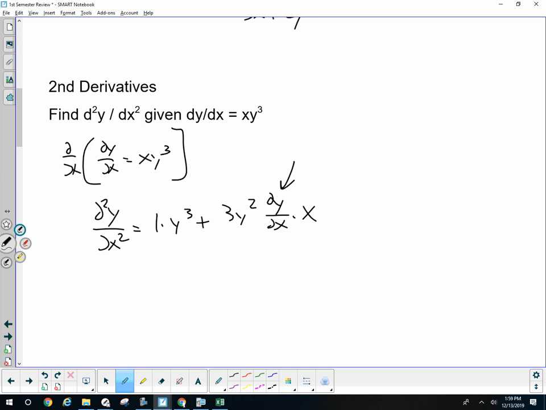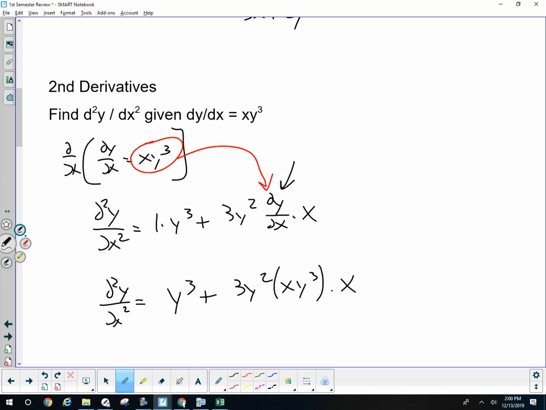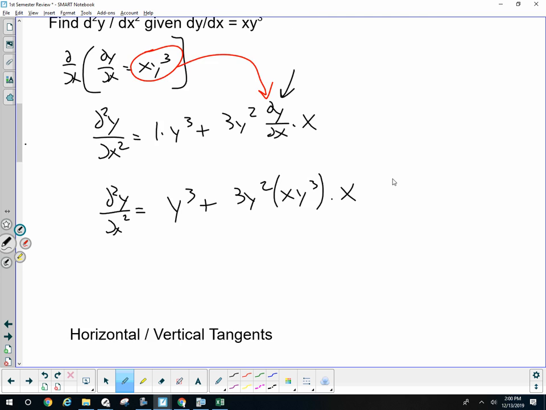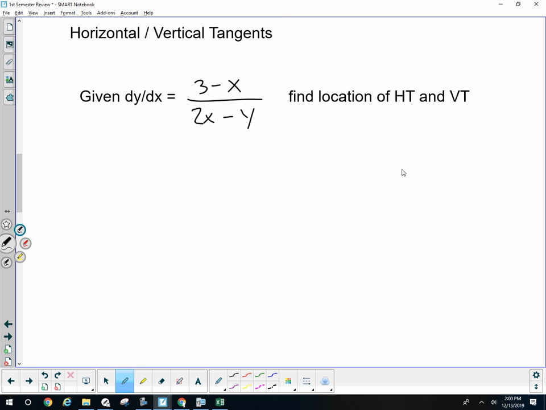Now, typically we will be asked to find a second derivative in terms of x and y, which means we can't leave dy dx. But don't worry, we know what dy dx is equal to, so we could plug it in there. I get d squared y over dx squared equals y cubed plus 3y squared times xy cubed times x. And we can do a lot of simplification if we wanted to. I'm just going to leave it like that. Okay, so second derivatives, make sure we plug back in for dy dx.